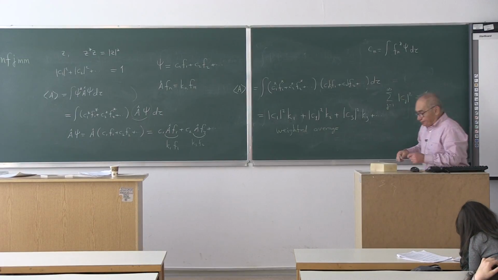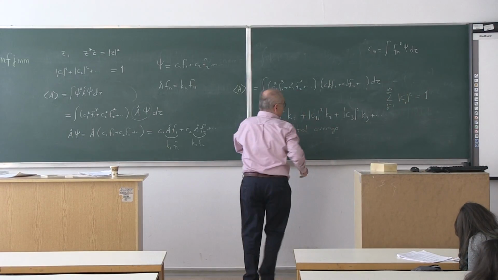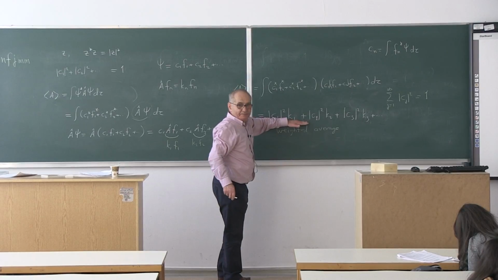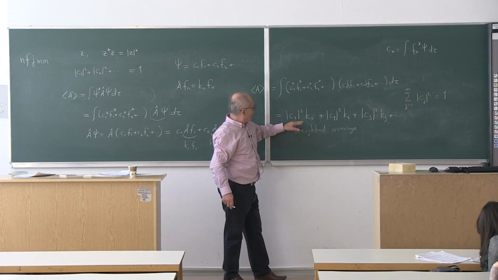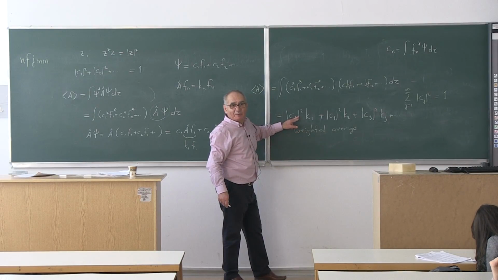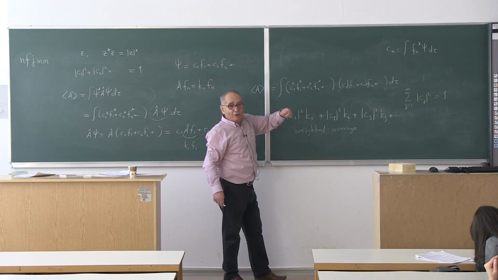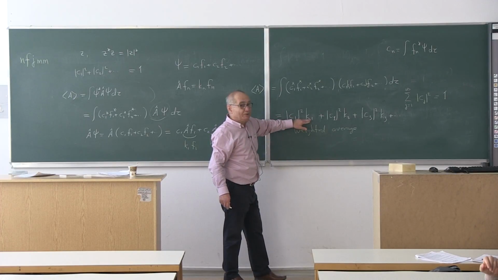Therefore, we can interpret this expression on the right as follows. C1 square is the probability of observing eigenvalue K1.